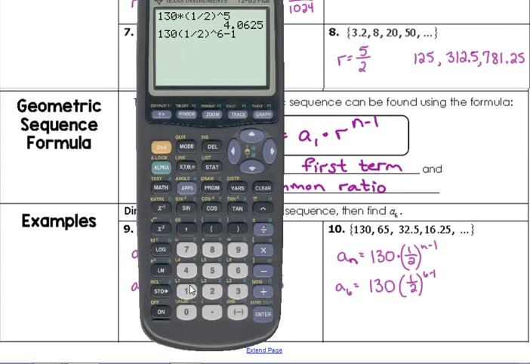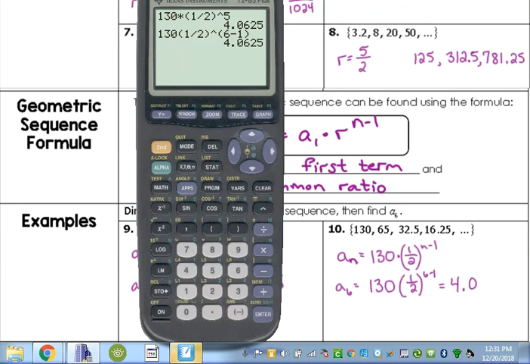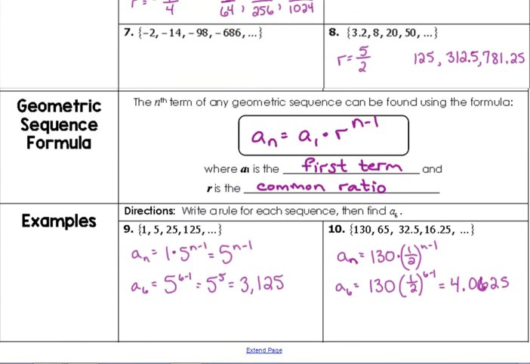It's going to raise 1/2 to the 6th power, multiply by 130, and then subtract 1. Adding and subtracting comes last. So if you're not going to subtract it yourself, you have to put it in parentheses. When there's more than one number in your exponent, you have to put it in parentheses. Okay, if I hadn't had those parentheses right there, I would not have gotten the correct answer. So that's 4.0625, our 6th term. Okay, so just be careful with things like that. It's simple, you just have to look out for the details.